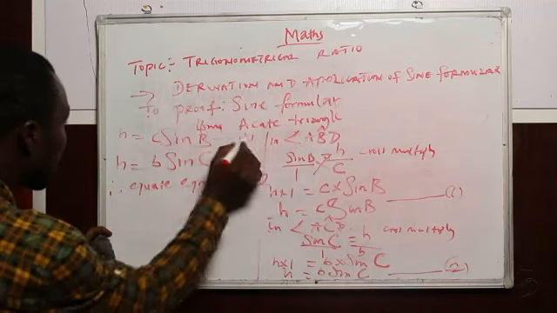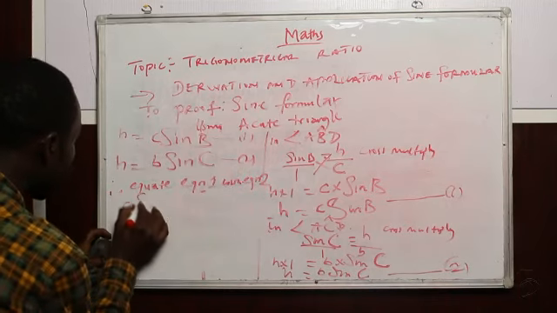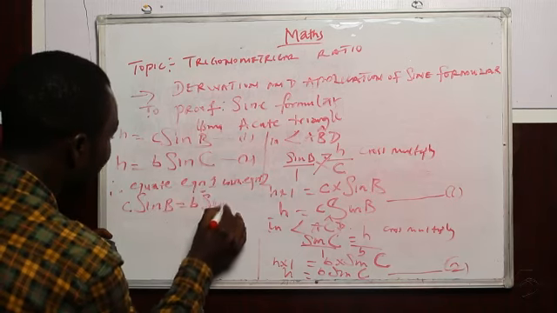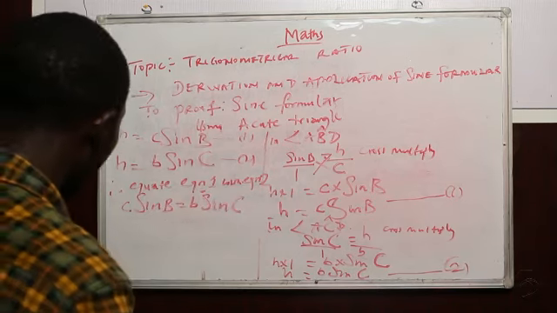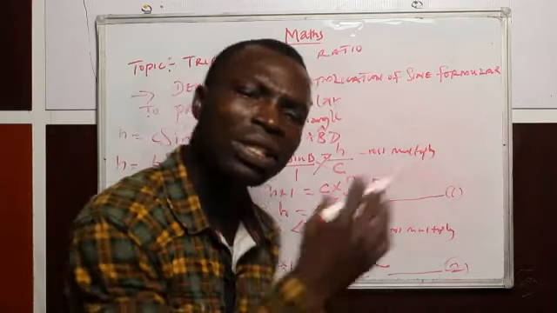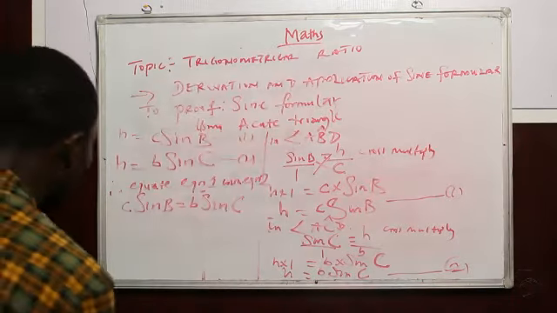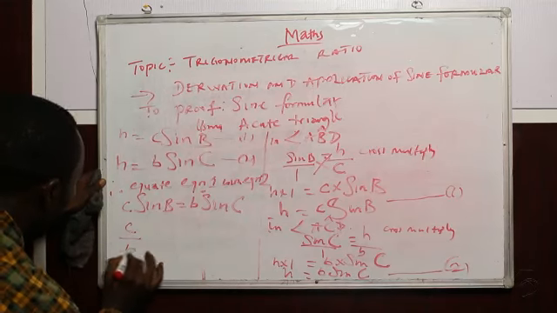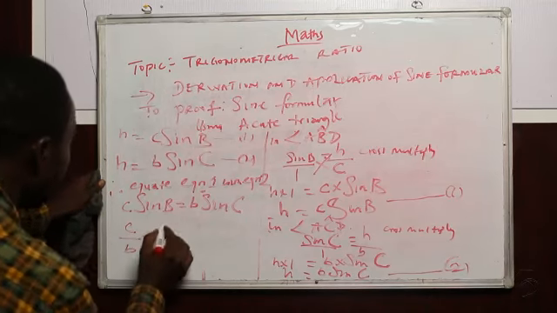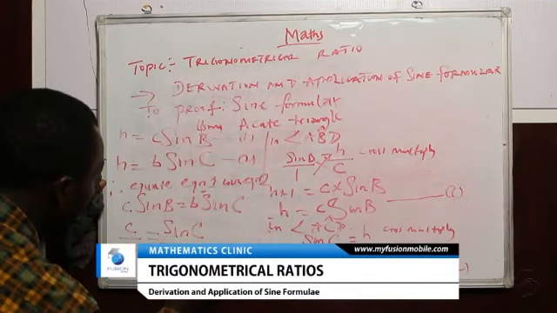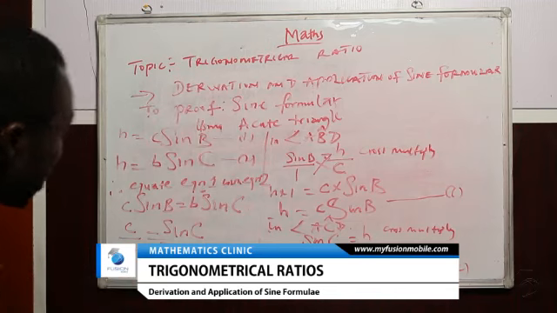We now have c sine B equal to b sine C. Now we are considering similarity, and it is the same thing as c over b equal to sine C over sine B. Wow. This is the sine formula.